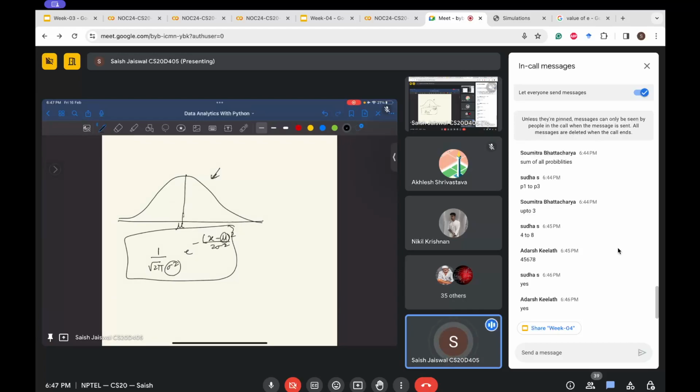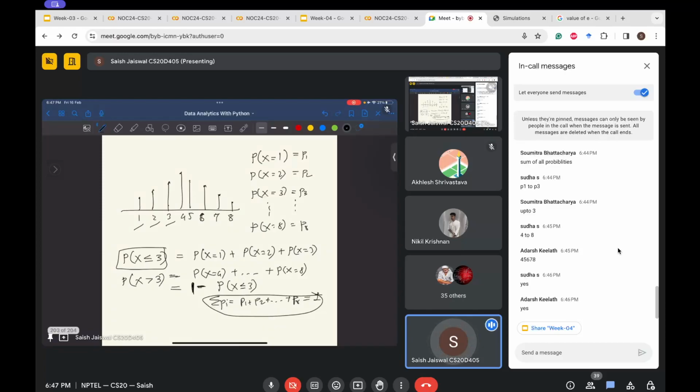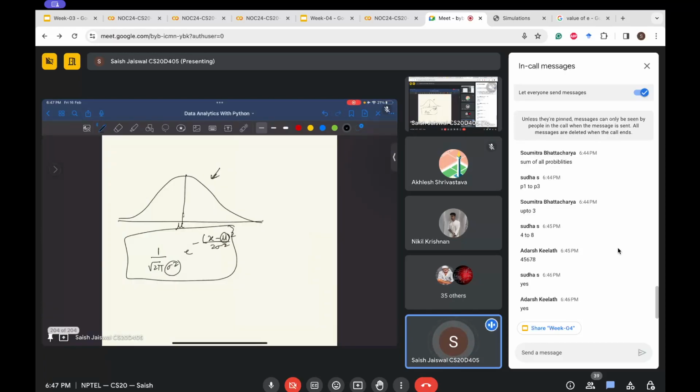So in this case, we were directly summing up the probabilities. But in the case of a random variable x, if you want to find probability of x less than equal to small x, it will be area under the curve, which is this.